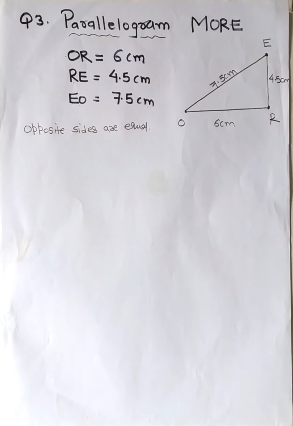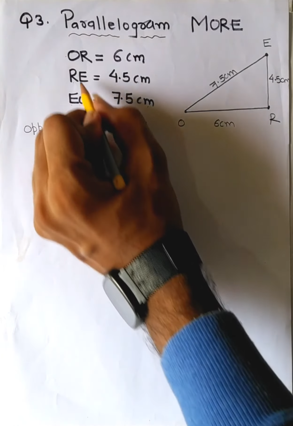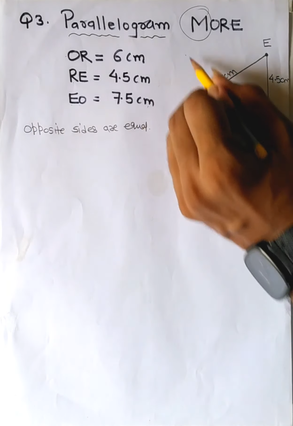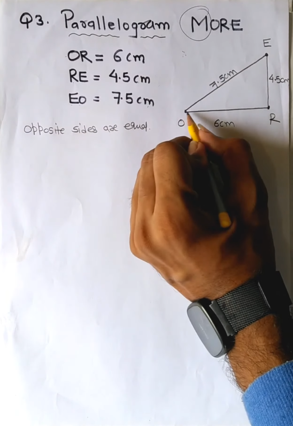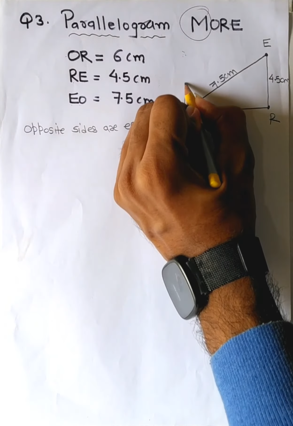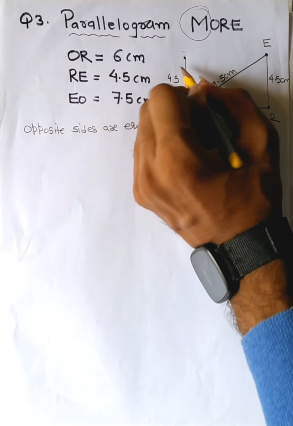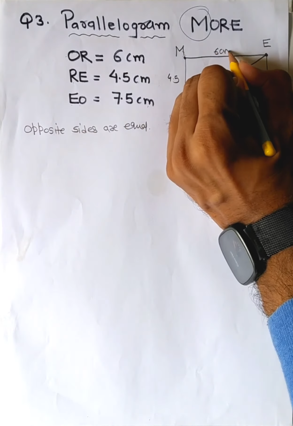Okay, so only three things are given, but you have to apply common sense that the only thing left is M, right? So M will be over here, OM and EM. The measure of OM will be 4.5 and ME will measure 6 centimeter.